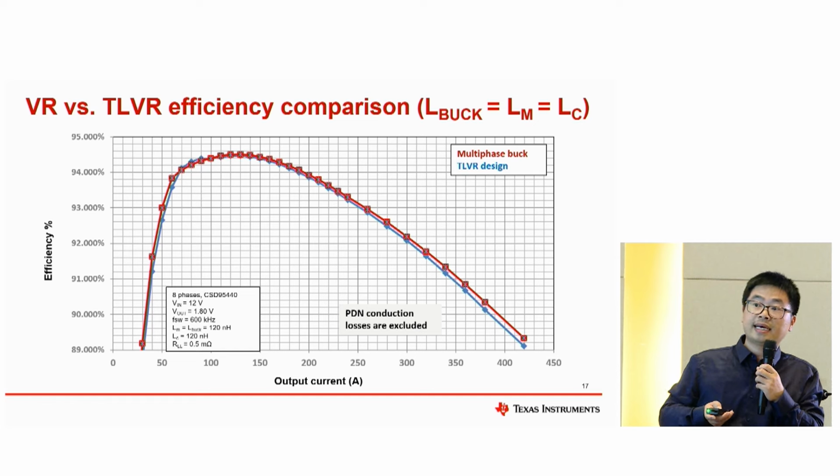The inductance for multiphase buck will be smaller, so the ripple in the multiphase buck inductor will be higher. So actually, the efficiency for multiphase buck will be a little lower. So in practice, the efficiency of these two is nearly the same.